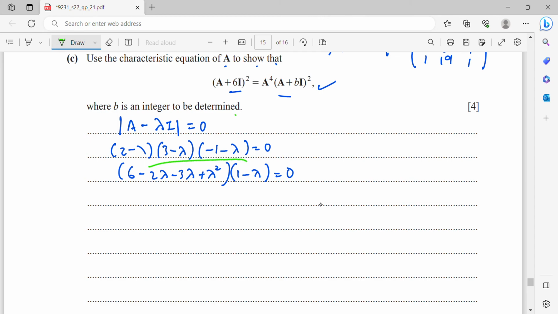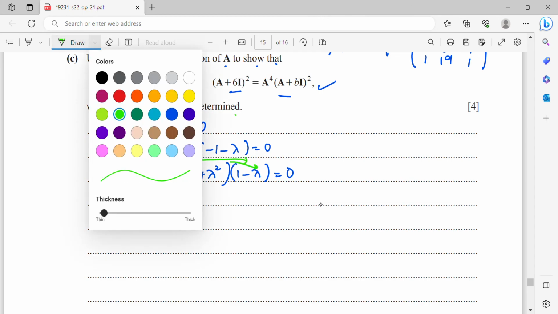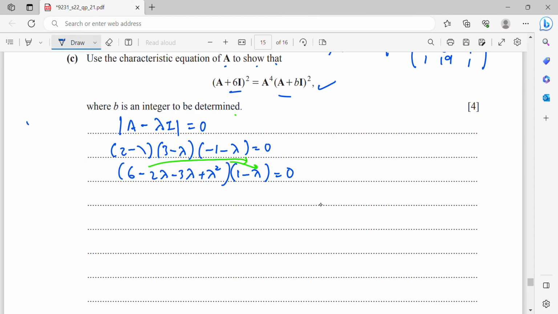Right, just expand. Then you will get all these terms multiplied by 1, rewrite. Then all the terms multiplied by minus lambda. So increase the lambda degree by 1 and multiply by negative.